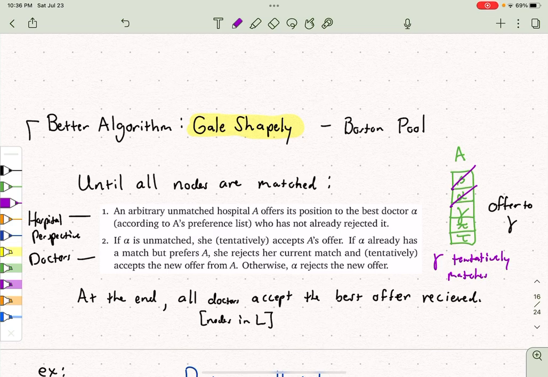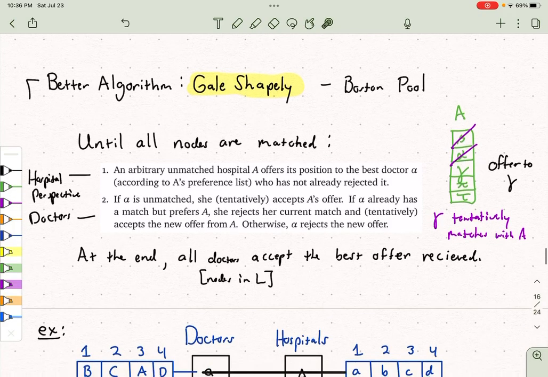So they tentatively match with A. And if alpha already has a match but prefers A, then alpha will reject the current match and tentatively start a match with A. So if that were to happen, say gamma was previously matched with B, so now it rejects B, B is now free. So in the next iteration of this algorithm, B would offer to someone.